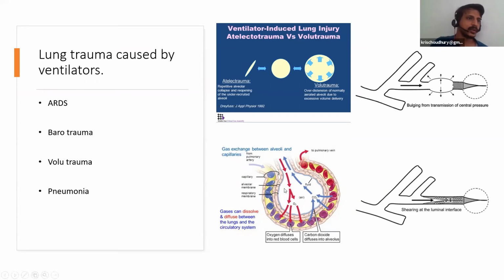And on the left side over here, you can see how an alveolus works basically. You can see air comes in, and the alveolus is the sac around here. And then you can see impure blood coming in. As soon as the air comes in, there is diffusion happening here.